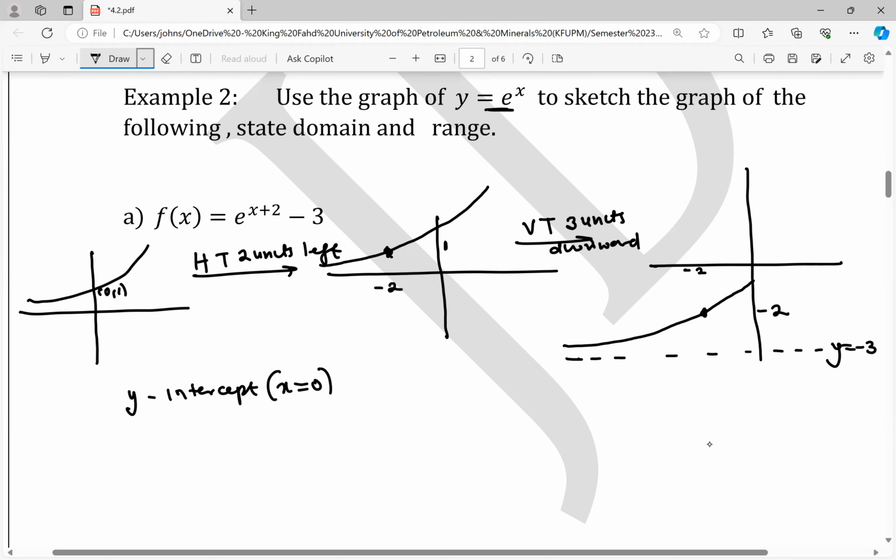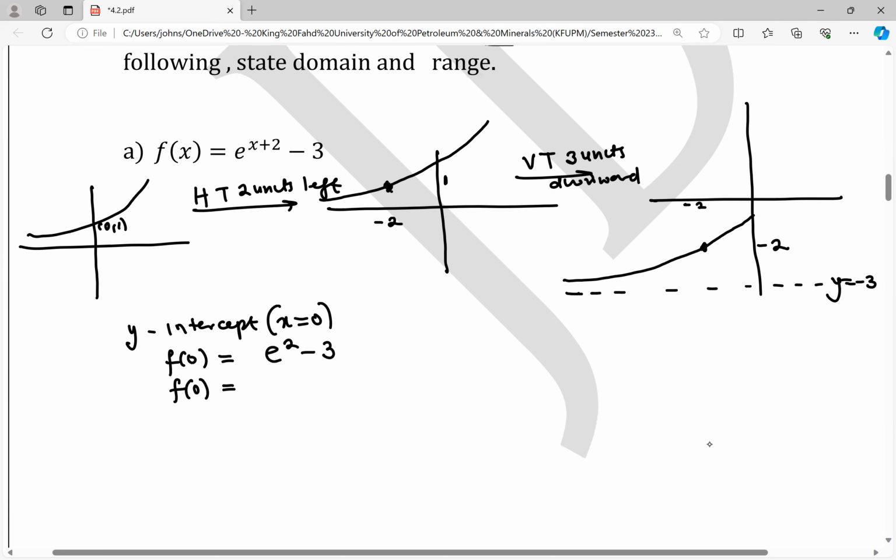0. So it means you will have f of 0 is going to be e to power 2 minus 3. So this is e to power 2. Remember, e is what? E is 2.7. So if you square it, it is going to be close to 9, right? So what we know is that this number is positive, and it's positive.